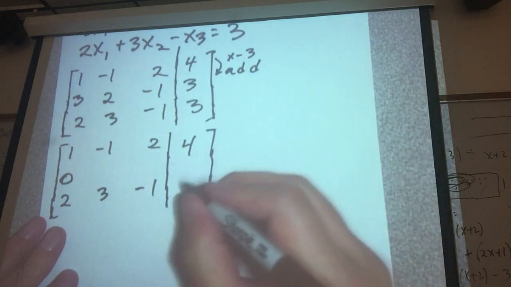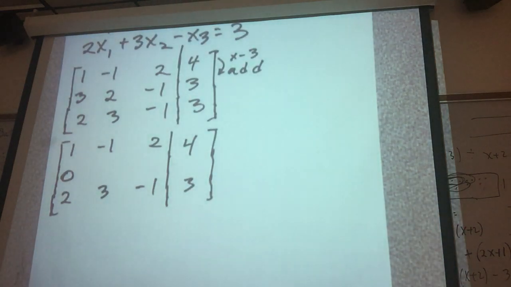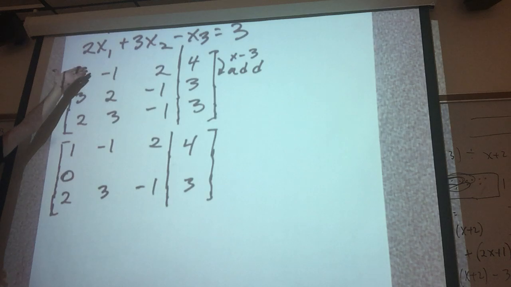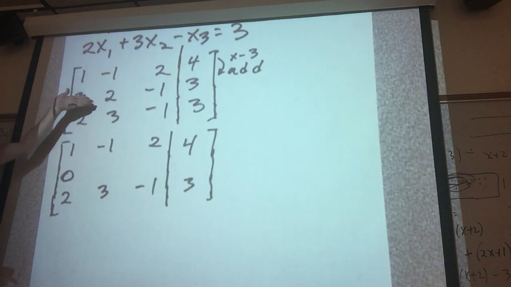Okay. And, all right, so the top row and the bottom row are not going to be affected by this operation. The middle row is going to be affected by this operation. Okay, and so if I take the top row and I multiply by -3, so -1 times -3 would turn into a +3. A +3 plus 2 is a 5.